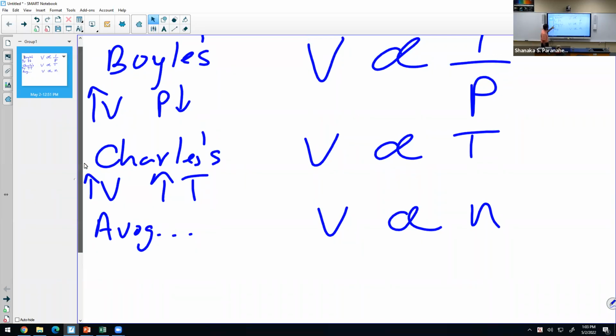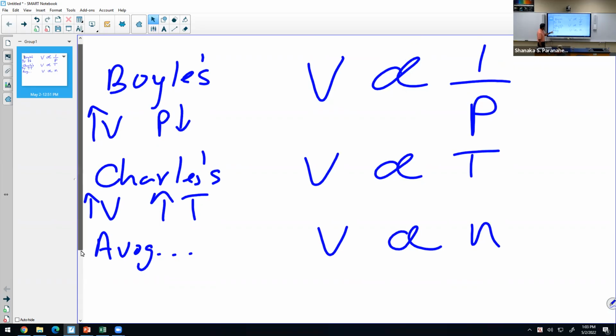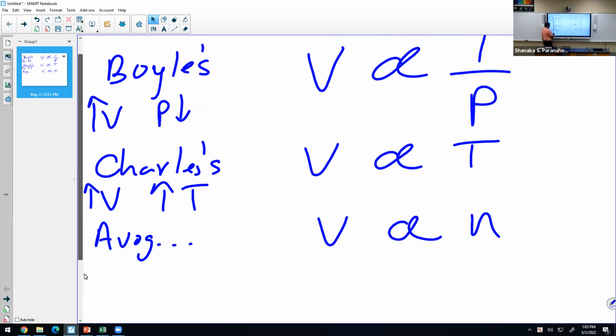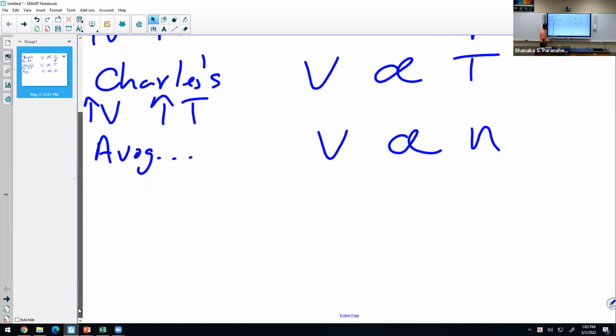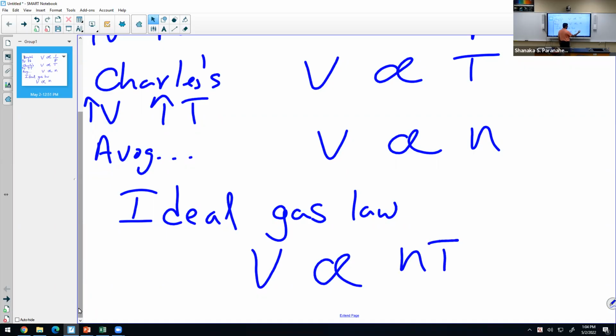Now you can see volume is inversely proportional to pressure, volume is directly proportional to temperature, and volume is directly proportional to n. Considering these 3 gas laws, we can derive another gas law called the ideal gas law. The ideal gas law tells us volume is proportional to number of moles, which is in the numerator, temperature, which is in the numerator, and inversely related to pressure.